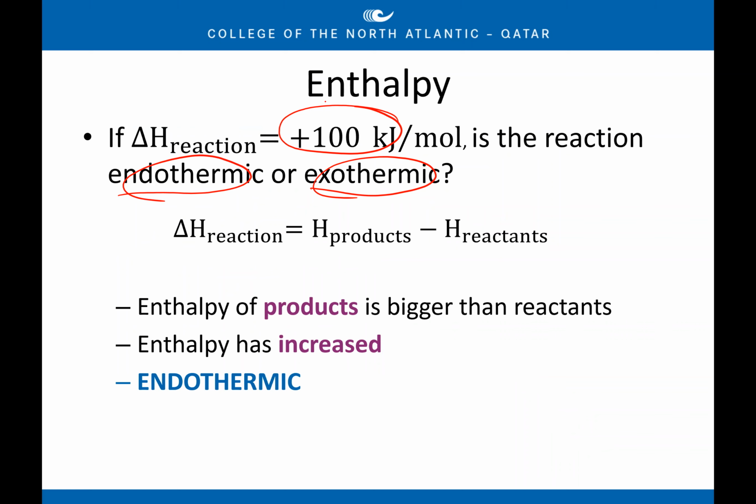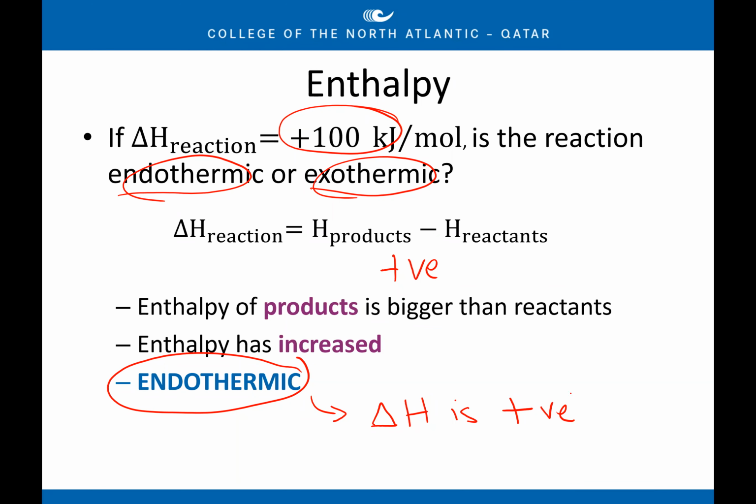So if delta H is a positive number, so say I do this subtraction here and I get a positive number, that must mean the energy of the products is the bigger number. So that means the energy of the system has increased, and this would be endothermic. So what you need to know from this slide is that if delta H is positive, the reaction is endothermic.